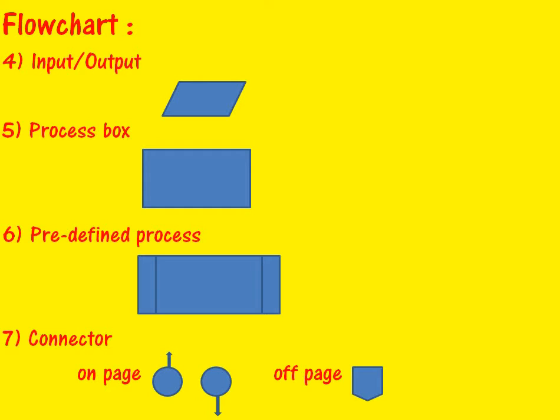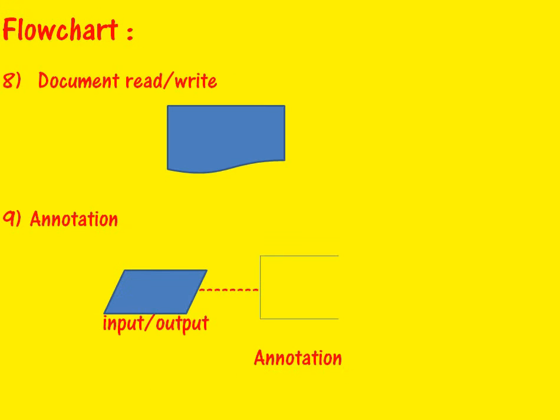Predefined process: in that, a module or subprogram is defined. The whole work of that program is defined in the predefined process. Connector: connectors are divided into two parts, on page and off page. On page continues on one page only, and off page is used for another page. For reading or writing a document, we use the document symbol.